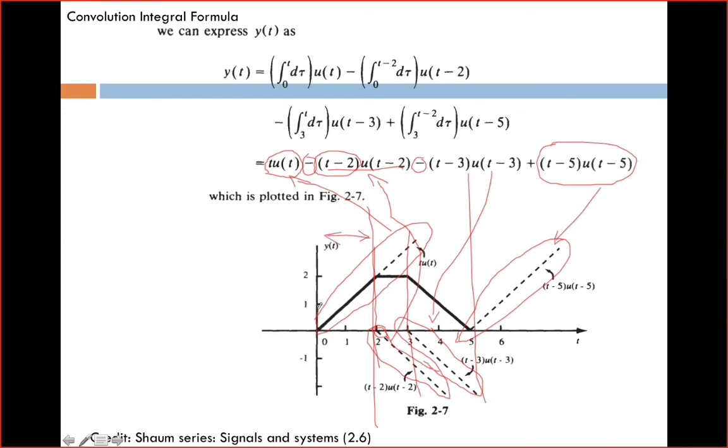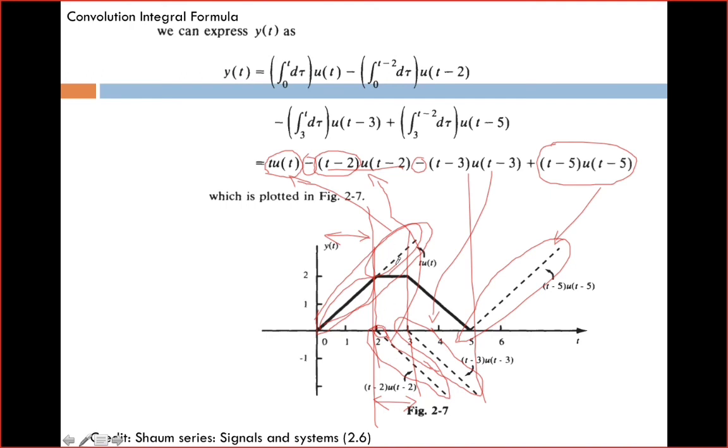In 0 to 2 I have only one function, so there is no change, and I simply draw a straight line at 45 degrees. When we come to the second duration, 2 to 3, I have to add positive as well as negative, that is t and minus t plus 2.